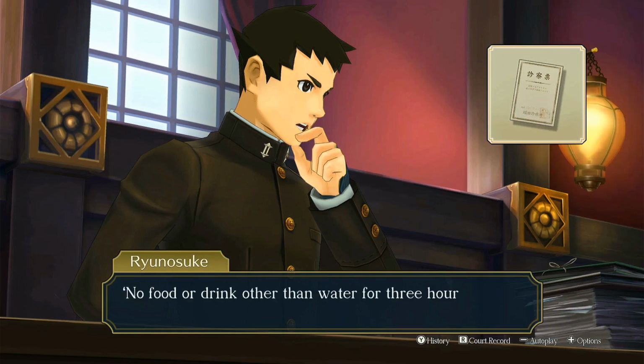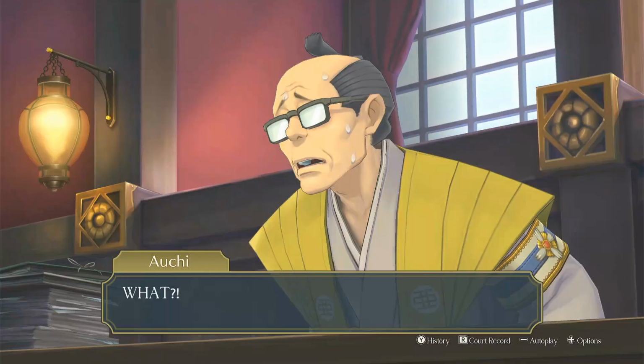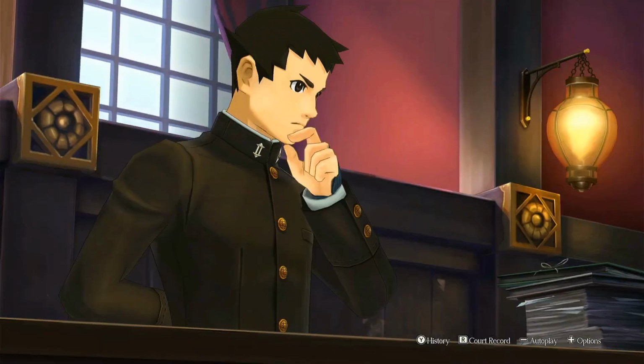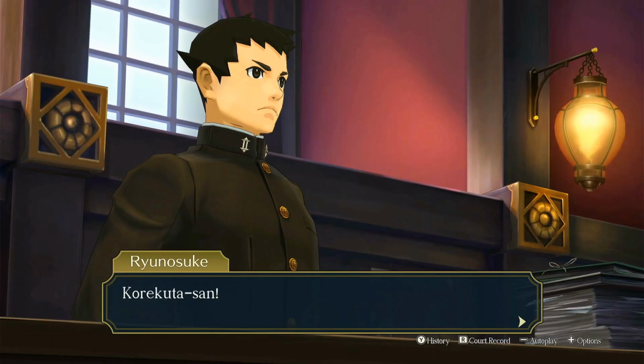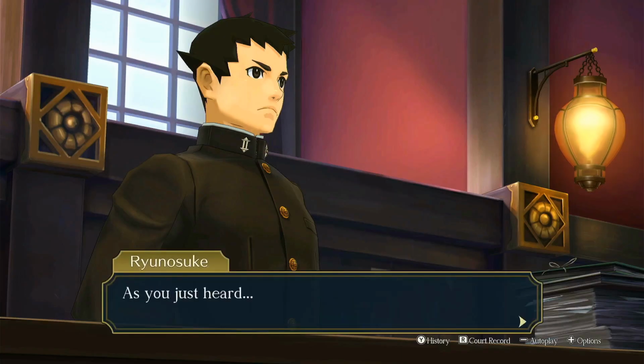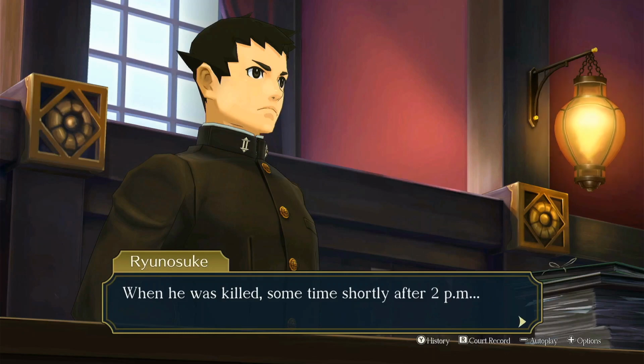No food or drink other than water for 3 hours post-procedure while anesthesia wears off. What? No, that can't... As you have just heard, when he was killed sometime shortly after 2 p.m., the victim couldn't have been eating anything at all.